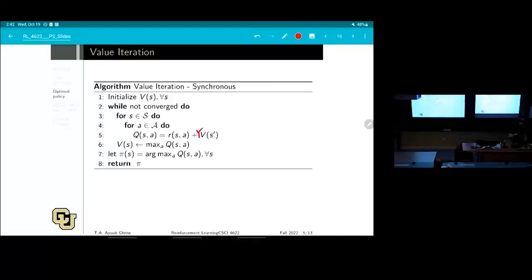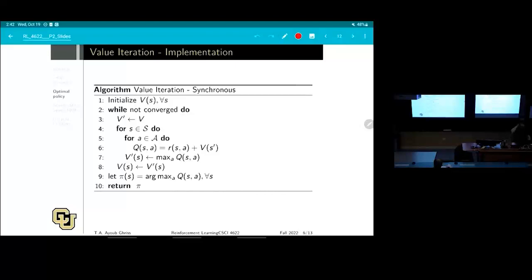We can reduce it. Instead of storing Q, we can store another value function V prime. The computation is the same; we're just saying we would otherwise add more state space for Q. But we can do it without Q, using a secondary value function instead. So we do the same loop as the asynchronous one, but on V prime.